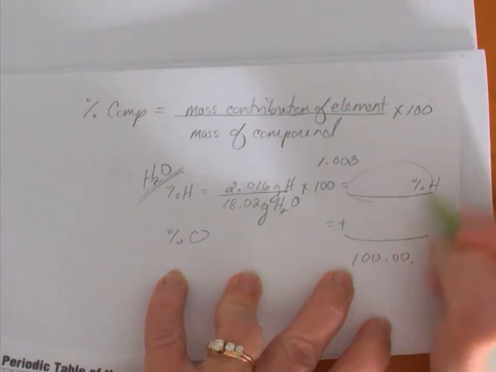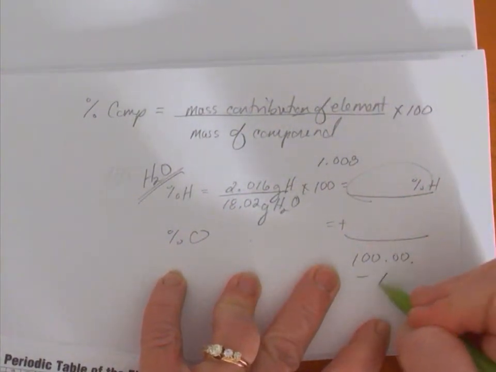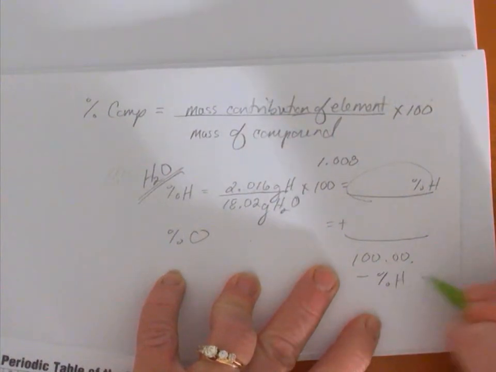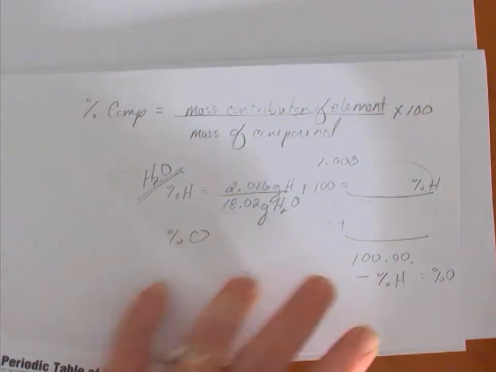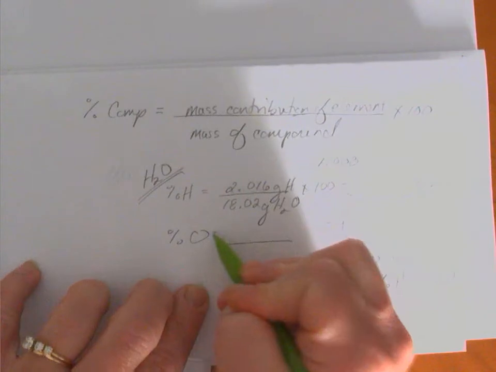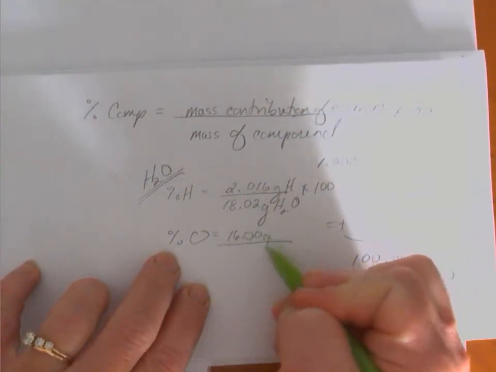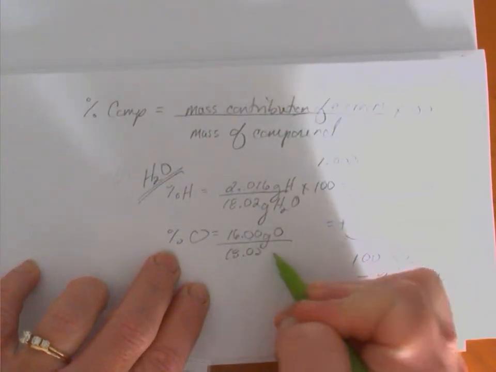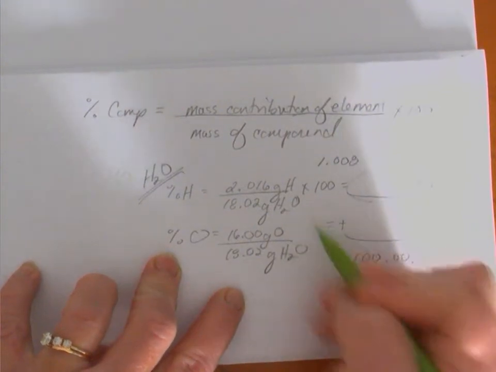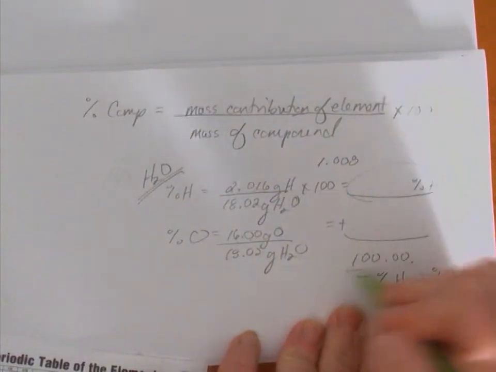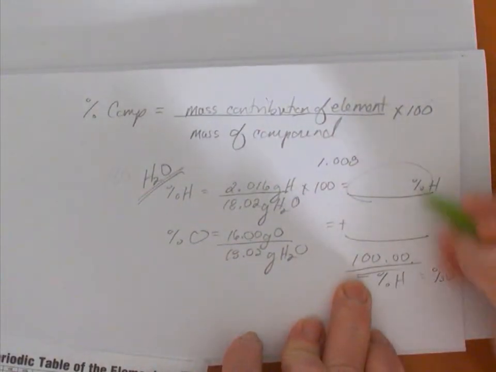But you could subtract away the percentage of hydrogen to get the percentage of oxygen. Or we could, of course, go ahead and find what this percentage is, and then add these, and they should be very close to 100, keeping in mind we rounded for significant figures.